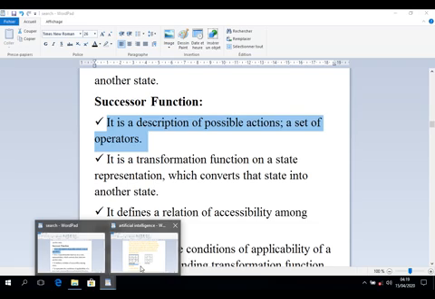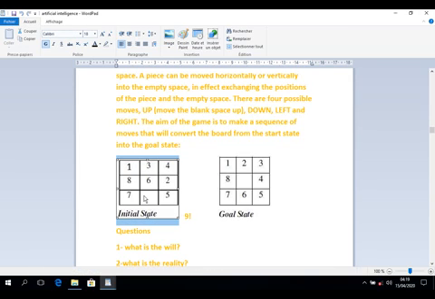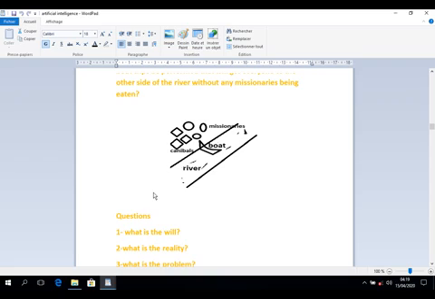Successor function. It is a description of possible actions. It means a set of operators. In this board game, the actions are up, down, left, and right. In this problem, the actions are the trips. In each trip, we carry 2 passengers.